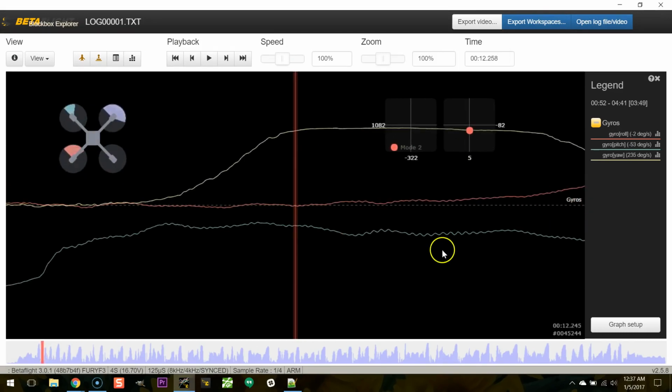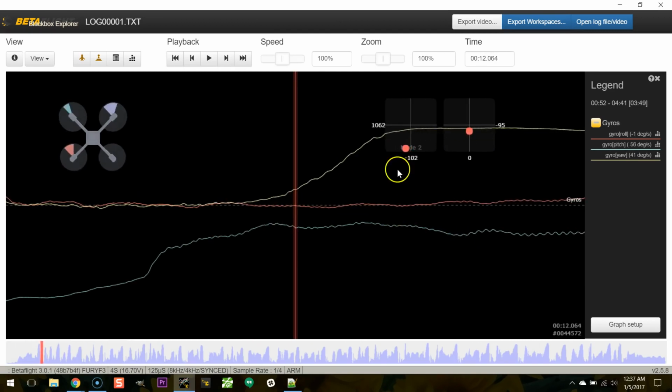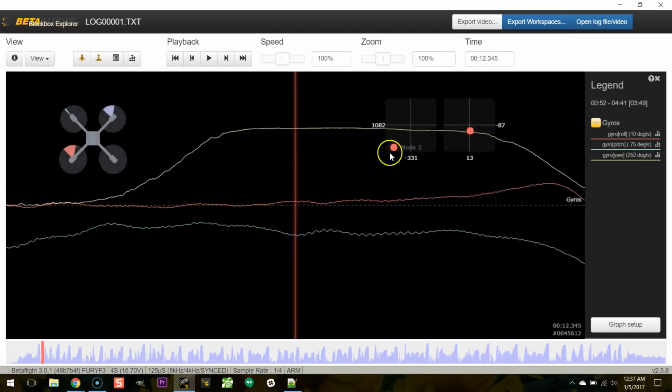So this is a little bit more typical of what you would normally see. And again, we can see here we're yawing to the left. The stick tells us we're yawing to the left. We see that the yaw gyro goes positive. The copter is yawing to the left faster and faster as this line goes more and more positive.